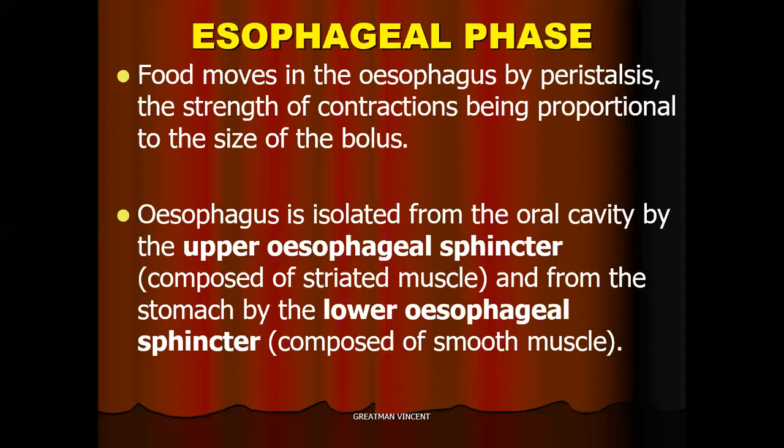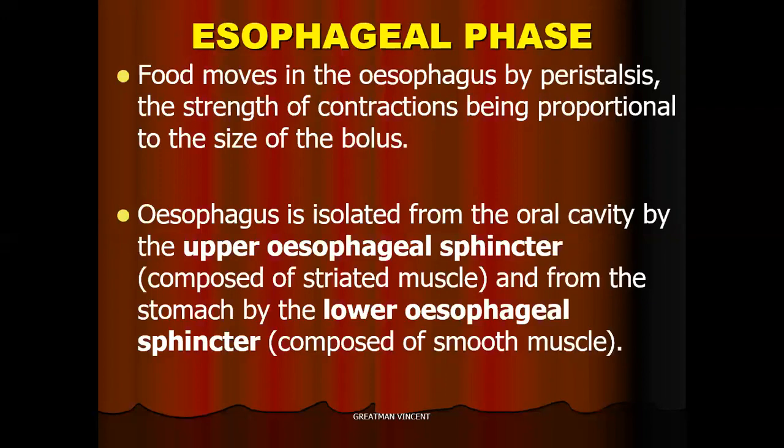So just as I said, food has hit the upper esophageal sphincter, or the cricopharyngeus. At this point, food is said to be no more in the pharyngeal phase. So now we are getting to the esophageal phase. With the esophageal phase, food is being propelled down by the peristaltic wave mechanism that started in the pharyngeal phase, and this makes sure the food bolus is propelled down.